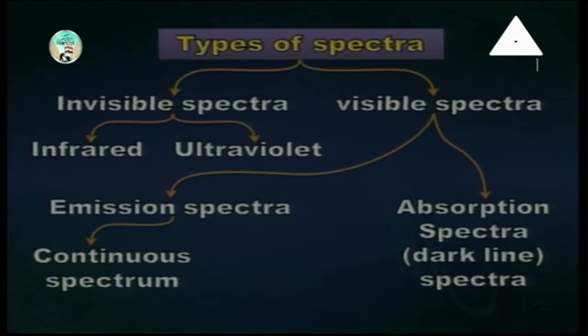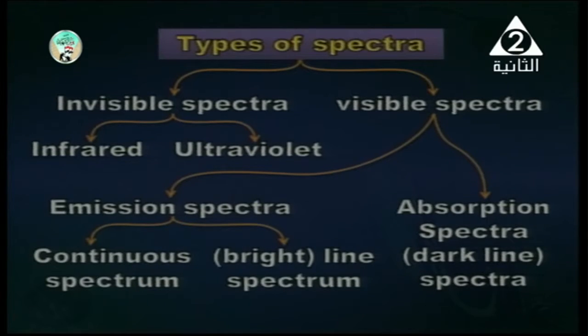And what about emission spectra? It consists of two types also, continuous and bright line spectrum. Let me say it again, talking about the different types of spectra. We've got visible and invisible.